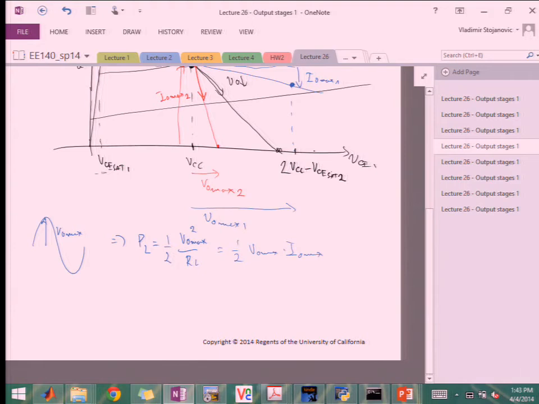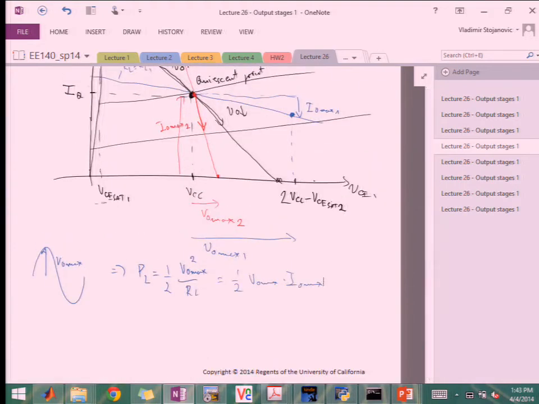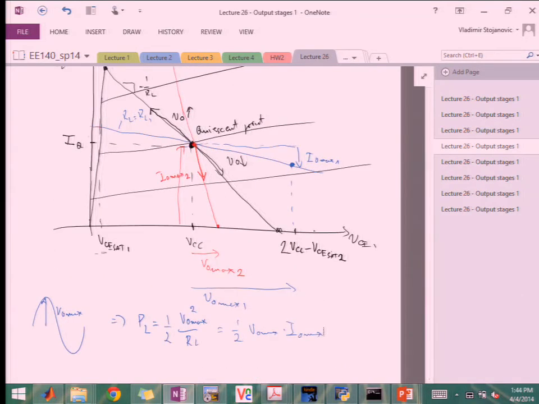So if my objective is to deliver the most power to the output load, I can take a look at what this triangle is. And so if this edge is VO max and this edge is IO max, for example, in the RL1 case, this area will be my average delivered power to the load. Okay.